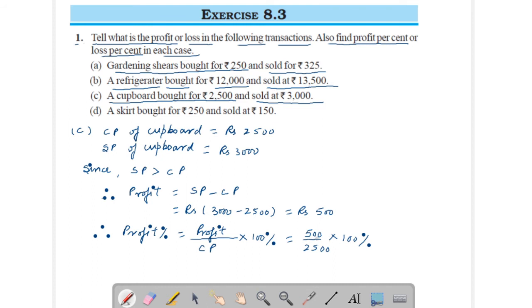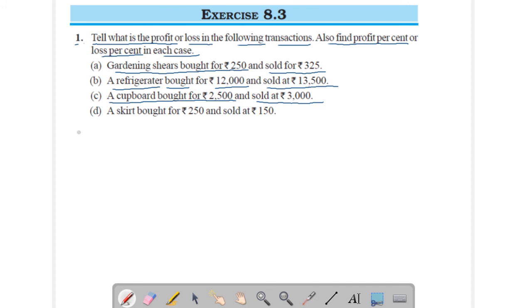Here you can cancel 20 by 20, again by 5, 5 ones are 5, 5 fives are 25, again by 5, 5 ones are 5, and 5 fours are 20. You will get 20%.